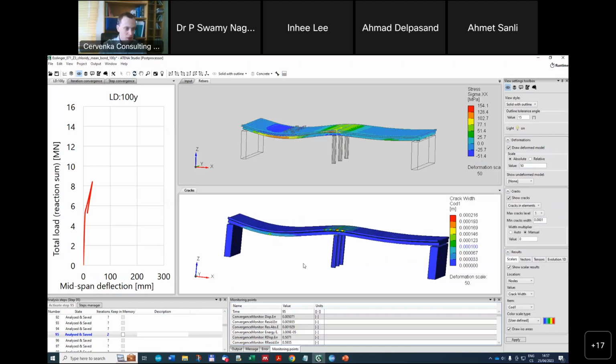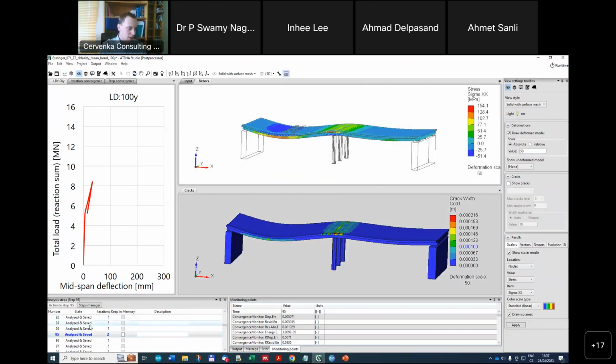And again the crack width increased. So from approximately 0.17 millimeters, now the maximum crack is exceeding 0.2 millimeters.